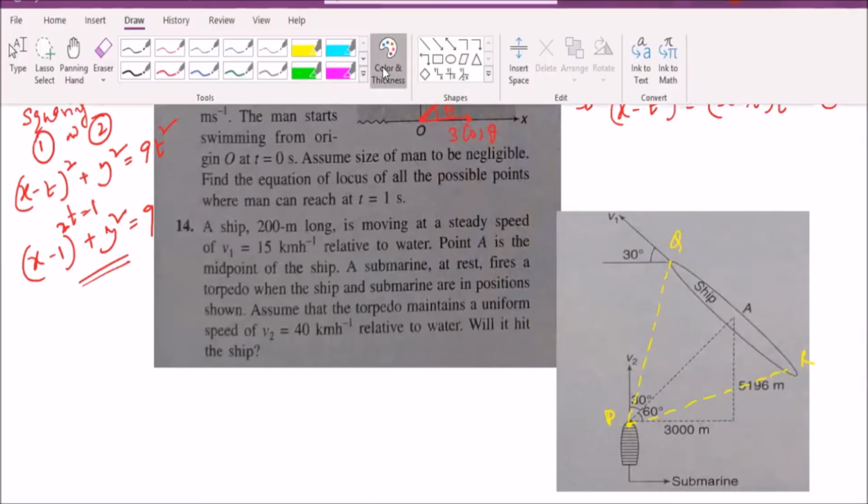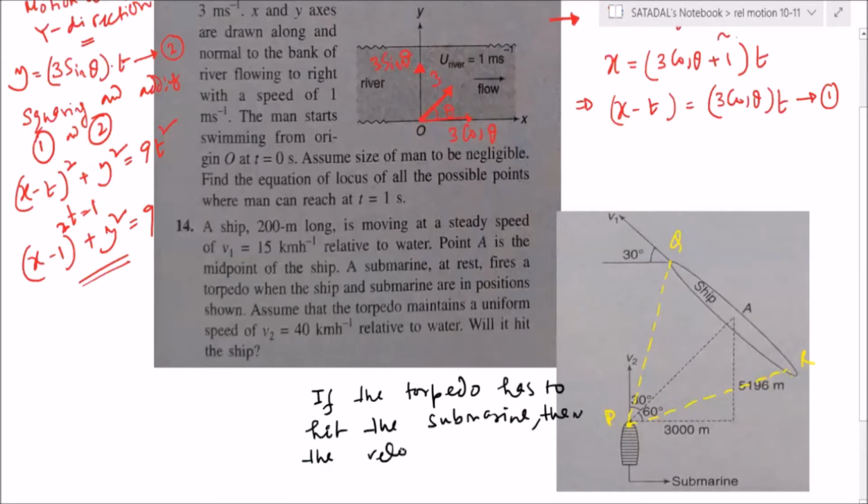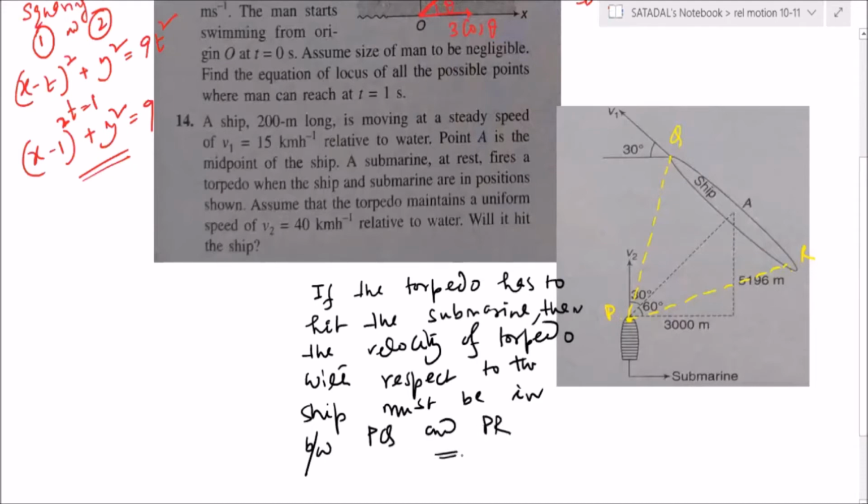The concept is, if the torpedo has to hit the submarine, then the velocity of the torpedo with respect to the ship must be in between PQ and PR. That is the concept.